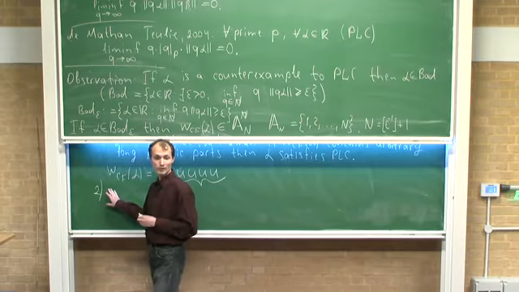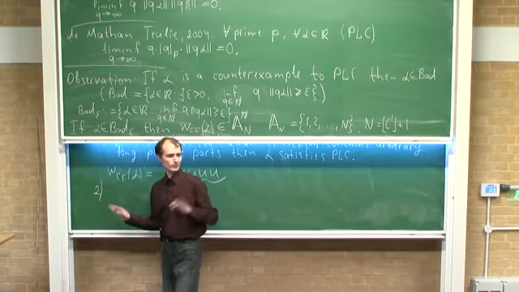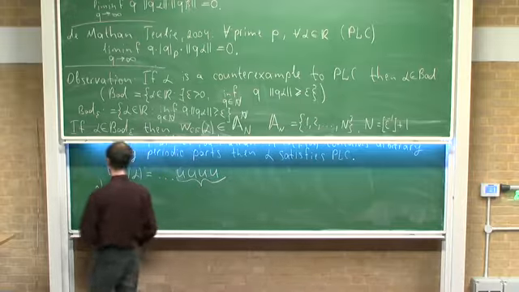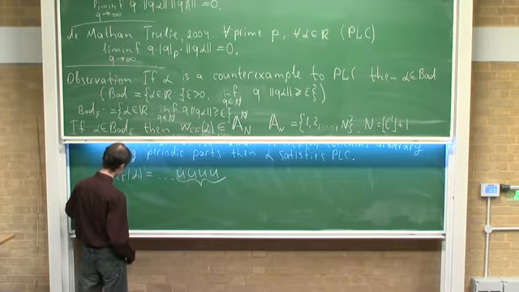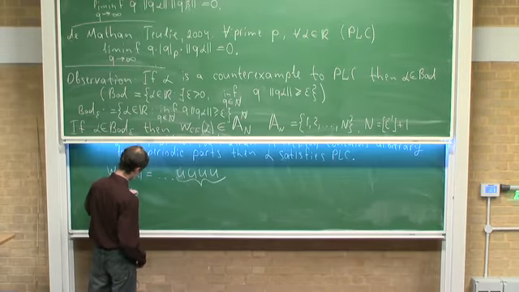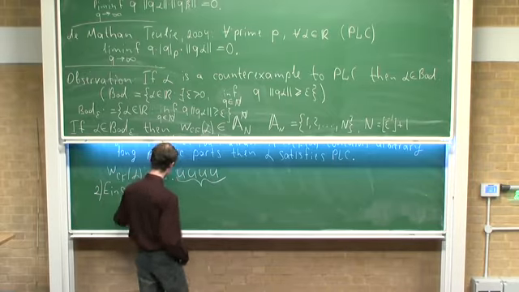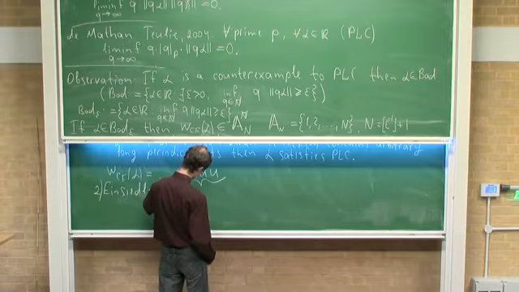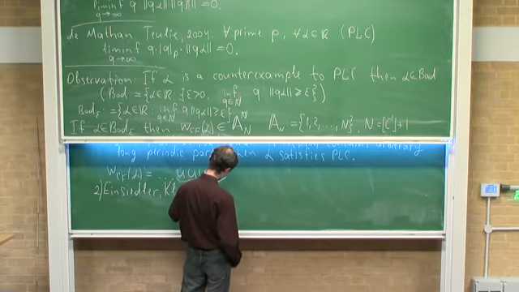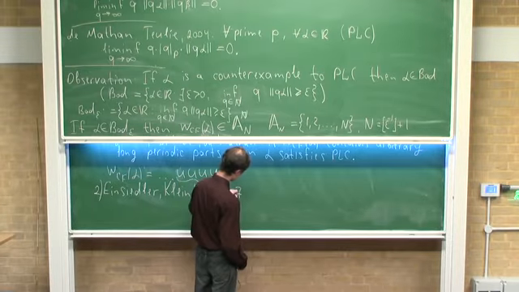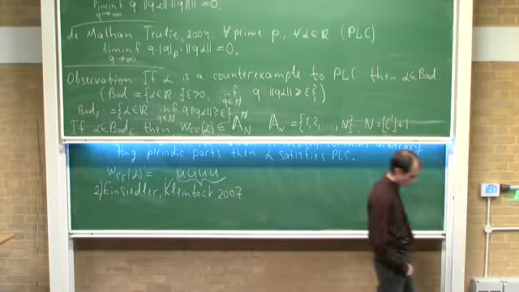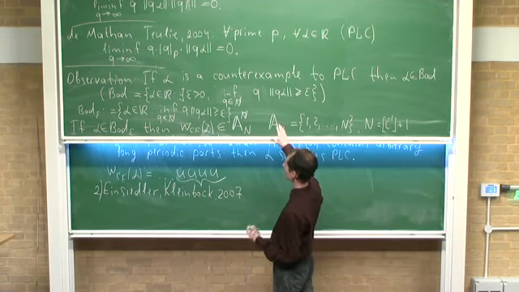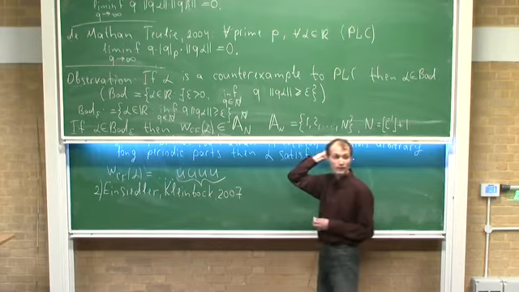It actually comes from dynamical systems, so it should be of interest for some of you, probably. In 2007, they showed that this set of potential counterexamples to the periodic conjecture is very small.